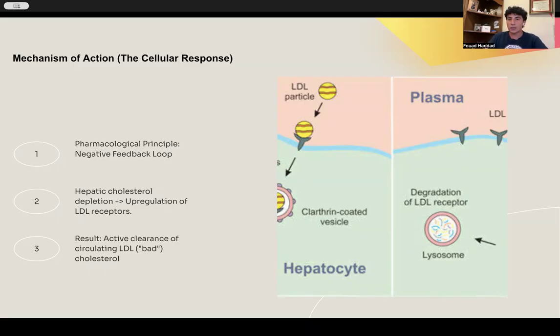To compensate for this low level of cholesterol within the cell, the hepatocytes upregulate, and the expression of the LDL receptors on their cell surface also increases. These newly active receptors essentially act like vacuums, actively pulling this low density lipoprotein, or the bad cholesterol, if you want to consider it like that, out of the circulating bloodstream, thereby lowering the serum LDL levels in your body.